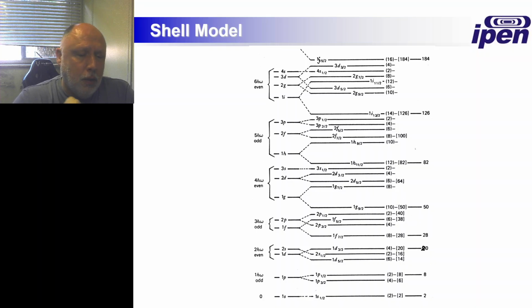So if you have, I don't know, 50 protons and 82 neutrons, you have a double magic. Then you have extra particles. They will start to pile up here.